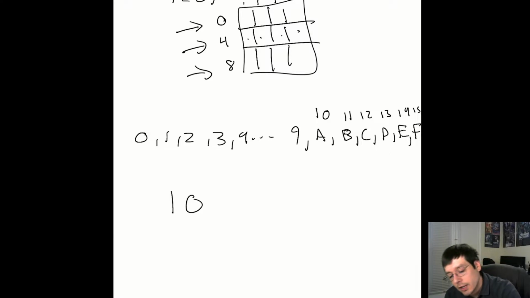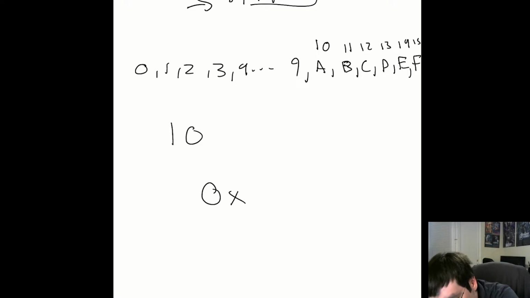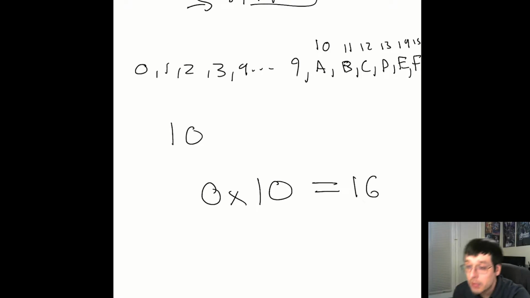So when you're seeing a hexadecimal address system in use in your computer, what you usually see is a 0 and an X followed by the hex value. If you see something like this, you know that this is actually base 16.